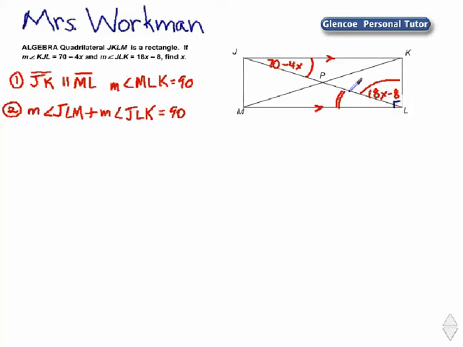And I don't want to imply that these angles are necessarily equal. So angle JLM, this angle, plus the measure of angle JLK, this angle, the sum of the measures of those two angles is 90. And we use the angle addition property because these two angles form the right angle.